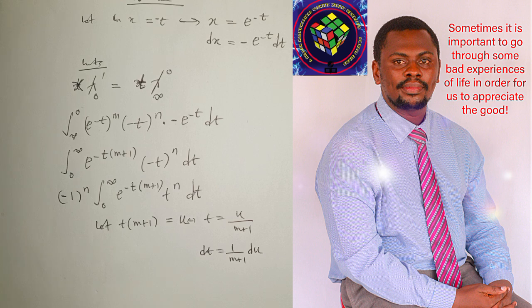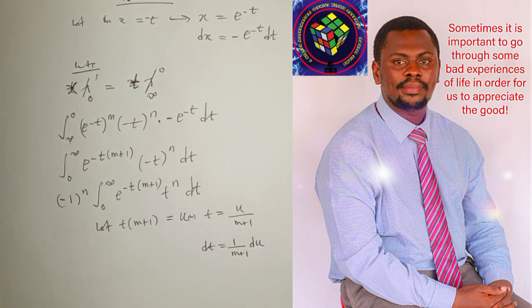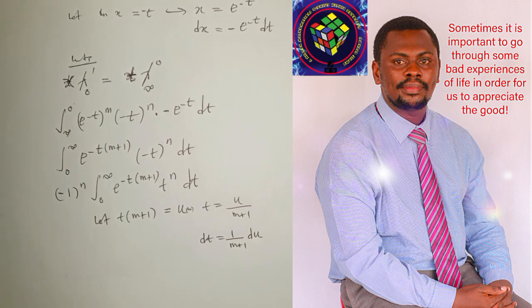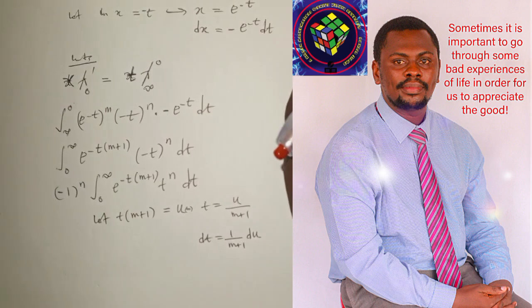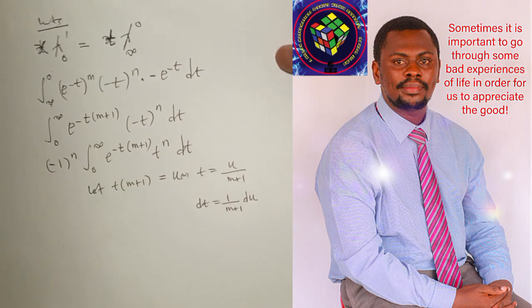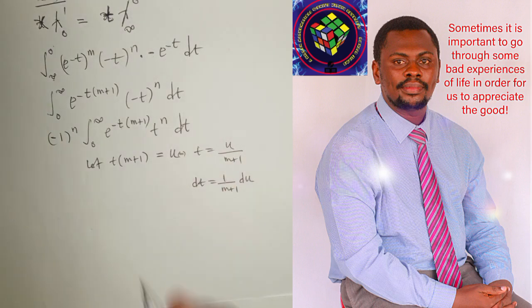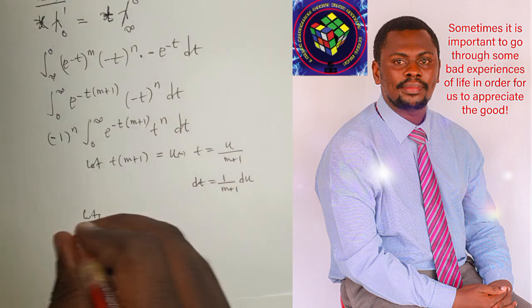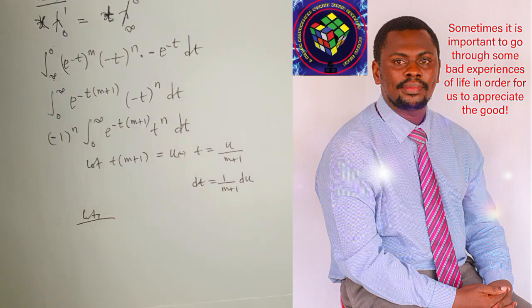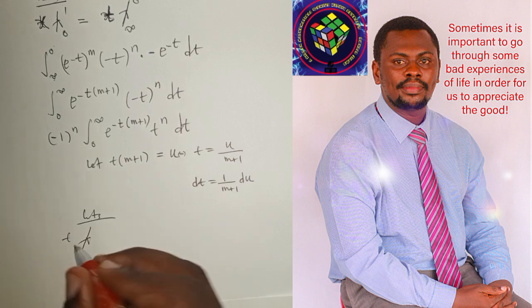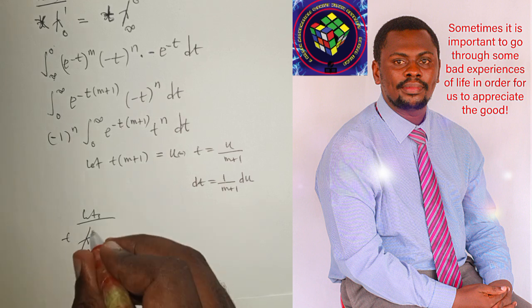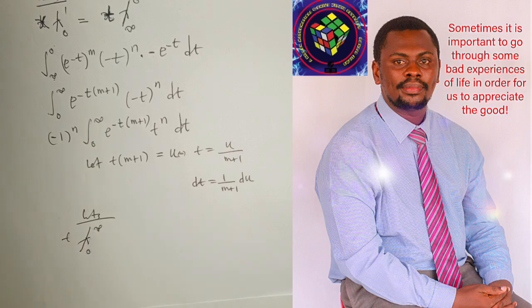Okay, then after that, you should also look at the limits, because whenever you substitute, even the limits must change. So we are coming from t, where the limits are from 0 to infinity.